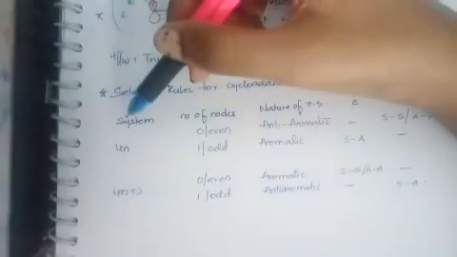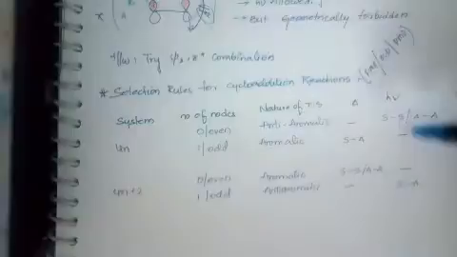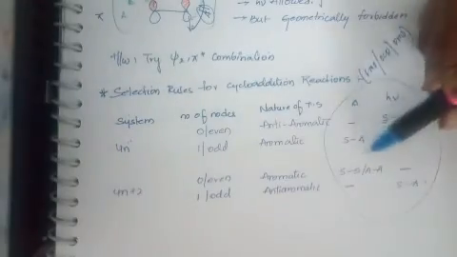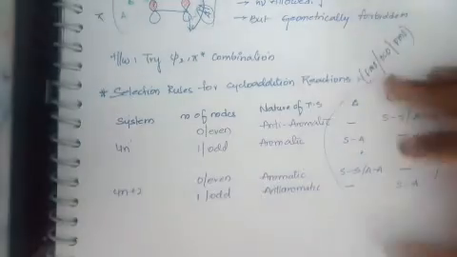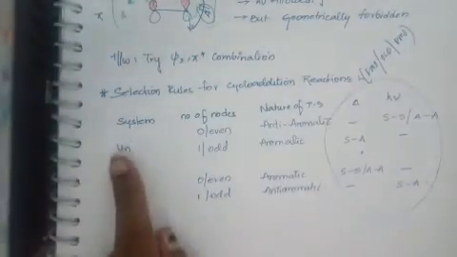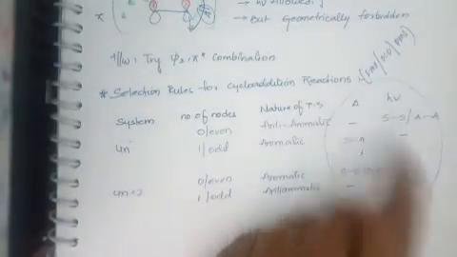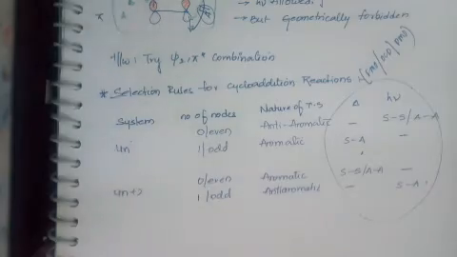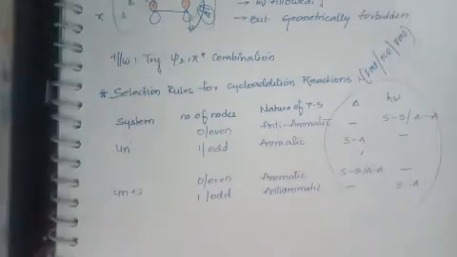This answer won't change. Means for a 4n system under thermal condition, what type of mode you will be having, that won't be changing. Whether a 4n system is allowed under thermal condition or under photochemical condition, that part won't change if you take any of these approaches.